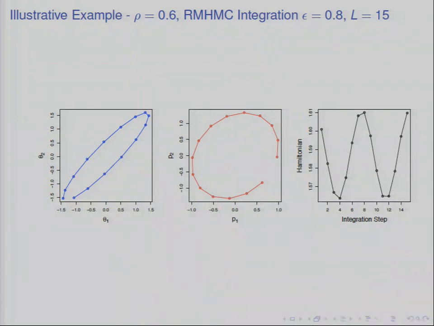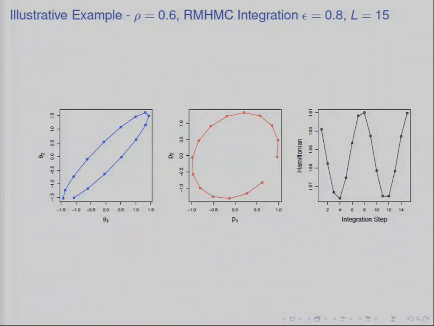Do you remember yesterday when we looked at the path that was followed with Hamiltonian Monte Carlo? It kind of wiggled about from one end to the other, and the momentum kind of did some crazy walk. But now we can see that by employing the natural geometry, we have a proposal which is following these geodesics.